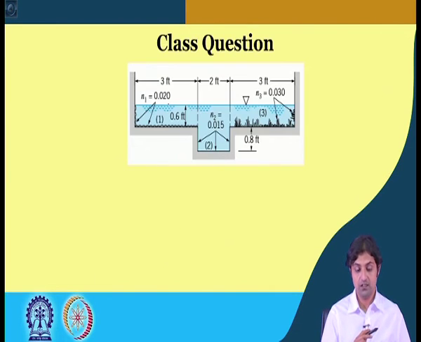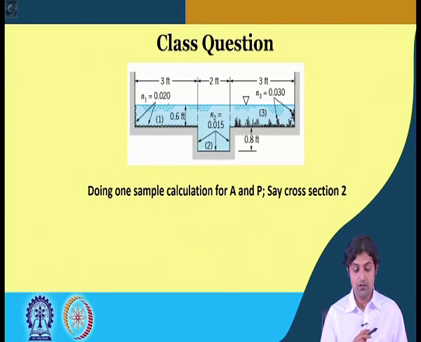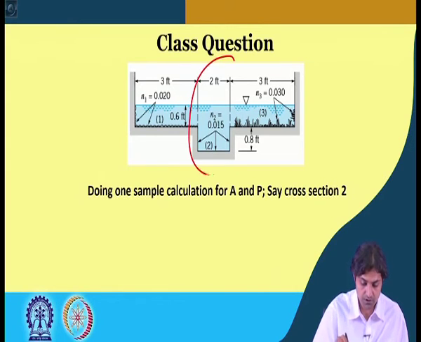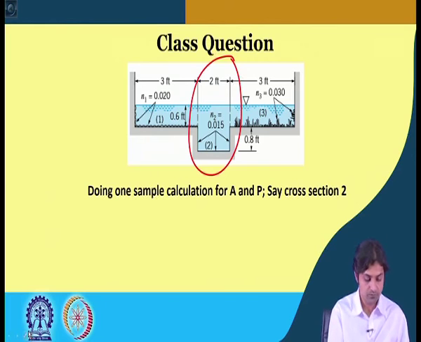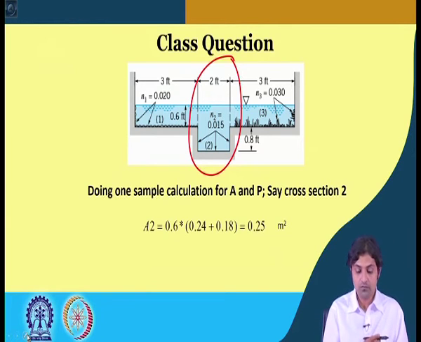Best is that we do one simple calculation of A and P, let us say for cross section number 2. Area A2 is going to be the width 0.6 into the total height, 0.24 plus 0.18.